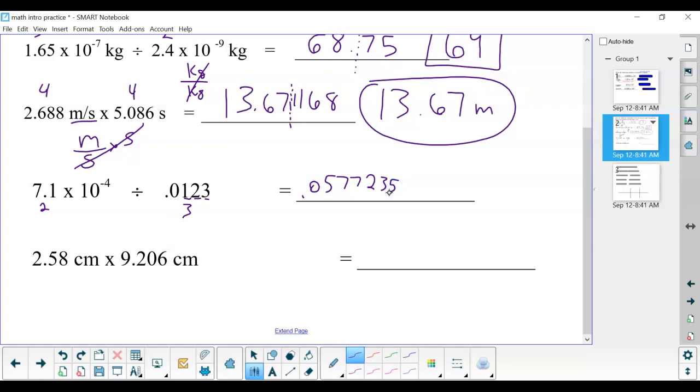I only want 2 significant digits. Remember, this one does not count because it's a leading 0. So 1, 2. There's my cutoff point. I'm going to use the 7 to round up. 0.058.